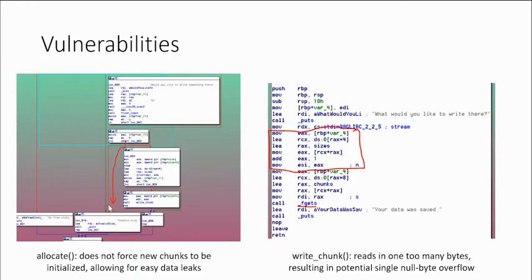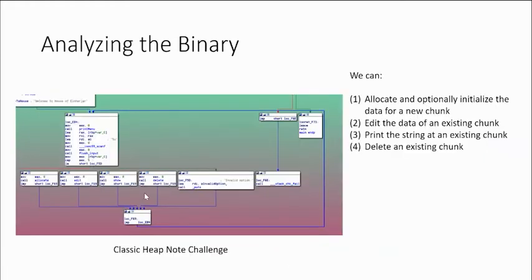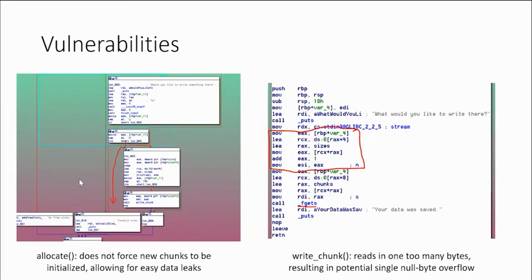And the real vulnerability with this binary is that there is a single null-byte overflow in the write chunk subroutine, which is called by the allocate function here and also the edit function.